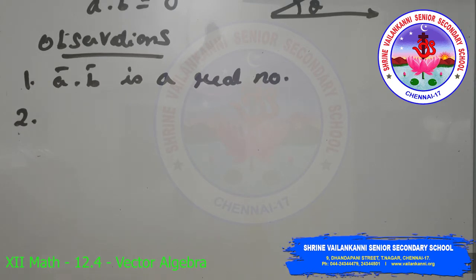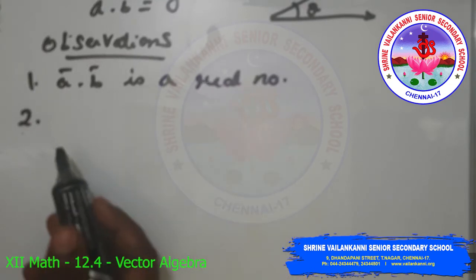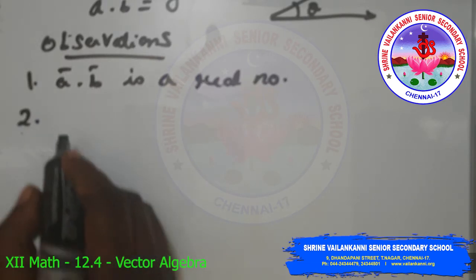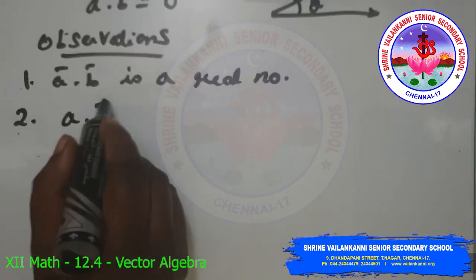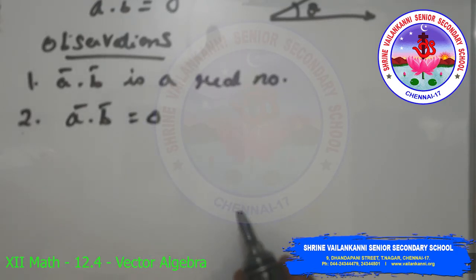Observations: a dot b is a real number. Second one, let a and b be two non-zero vectors, then a dot b equal to 0 if and only if a and b are perpendicular to each other.